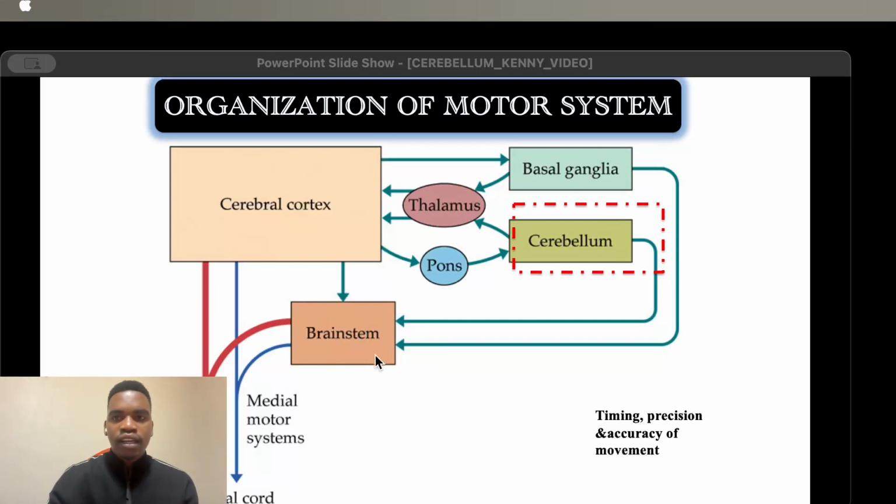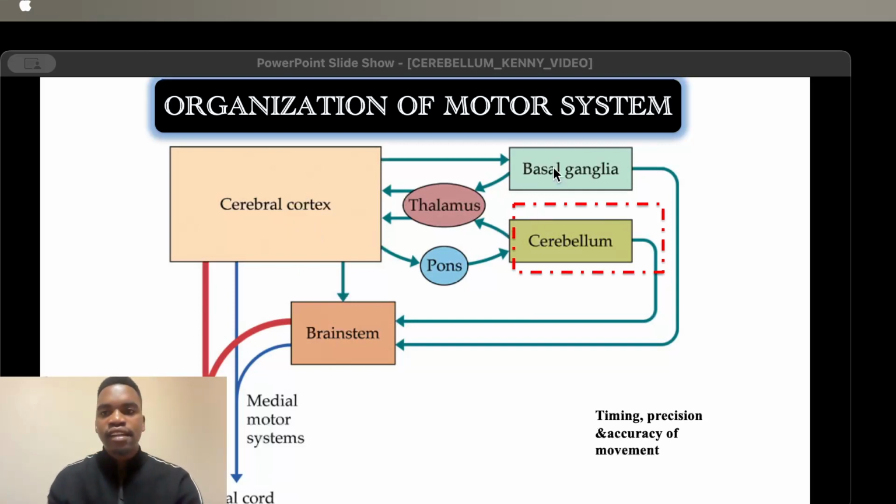So the function of the cerebral cortex, the forebrain, is to give those higher order commands. It gives the motor command. The cerebral cortex decides what kind of movement someone is to make. It gives the command of a specific kind of movement to be made.